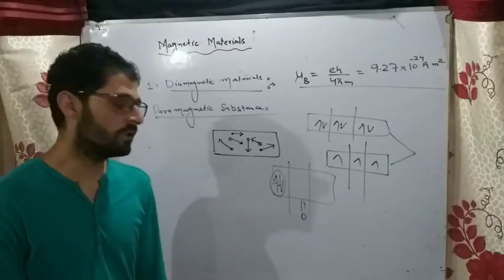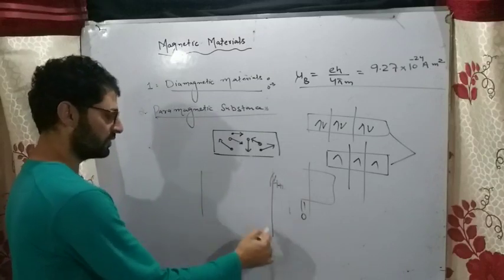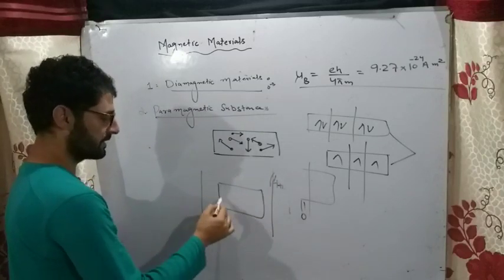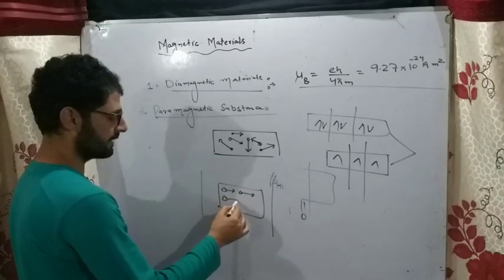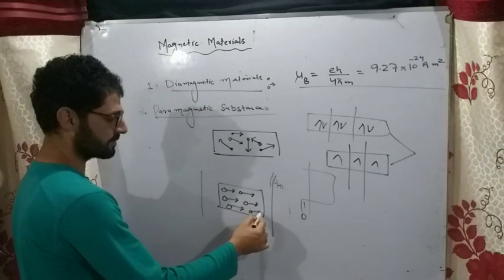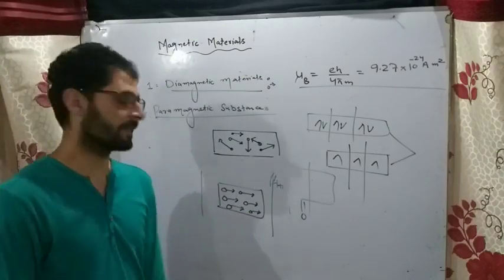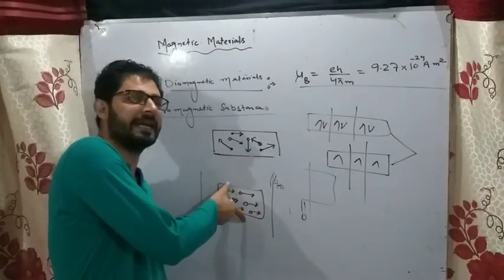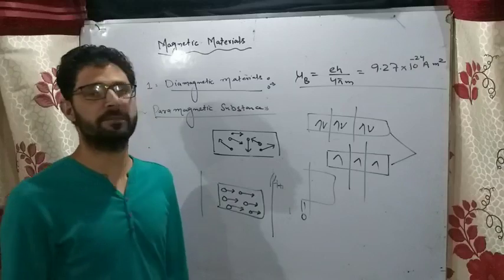momentum zero. When we apply the external magnetic field to this paramagnetic strip, these magnetic moments get aligned in one direction. They orient themselves in one particular direction. So that's why they get magnetized in the direction of applied magnetic field.